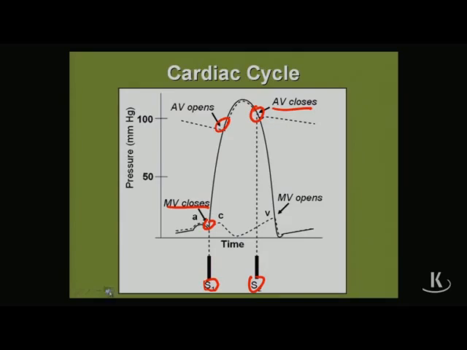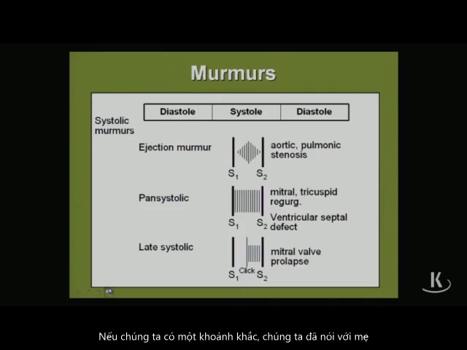Now, if we are going to have a murmur, we said the murmur can either be systolic or diastolic. If it's a systolic murmur, what are the various pathologies that can give me a systolic murmur and the variations in the sounds or the duration or intensity of the murmur?